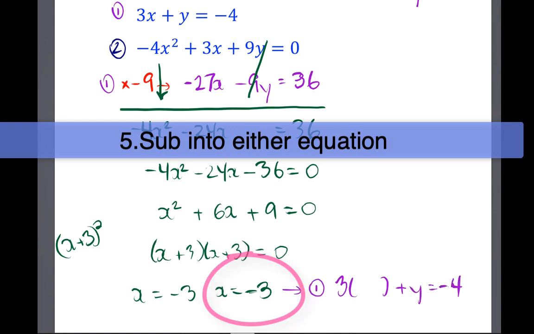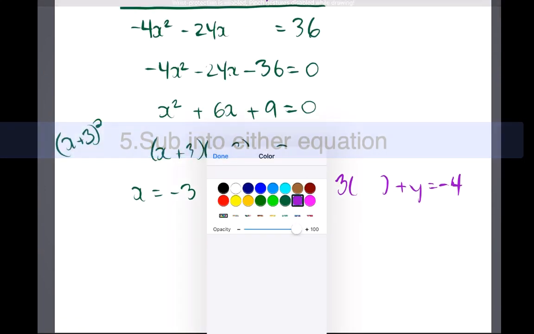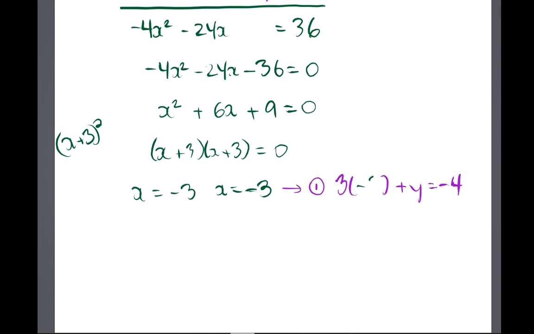And like before, I replaced the x with a set of brackets. Inside those brackets goes -3. And we have -9 plus y equals -4, y equals 5. And just like that, we have -3 and 5 as our answer.